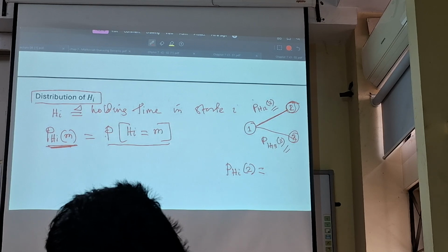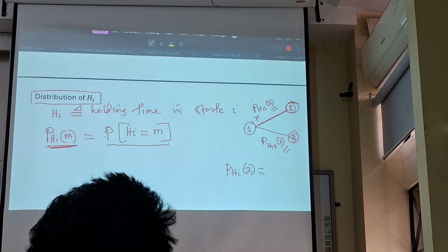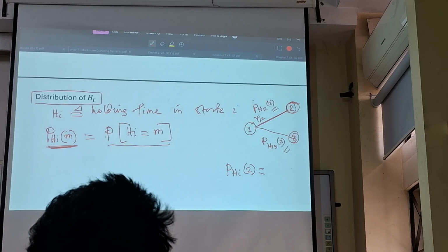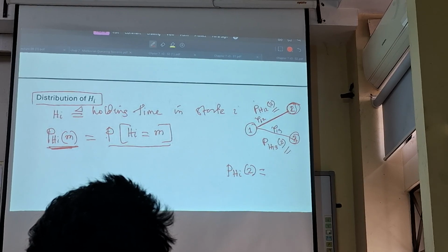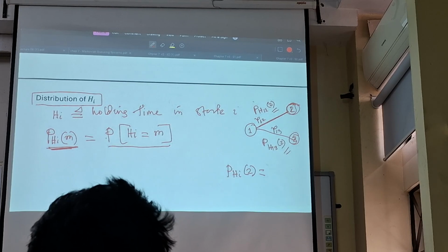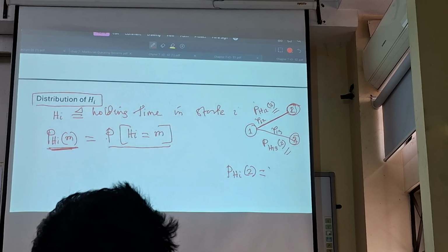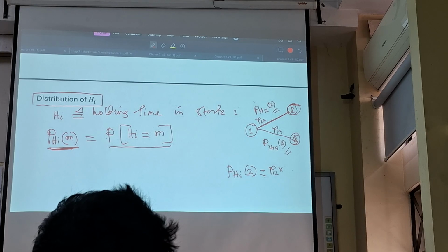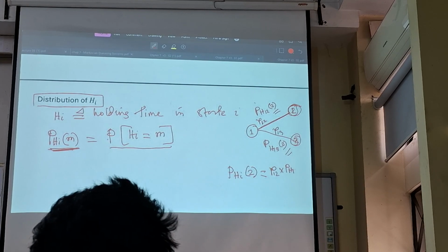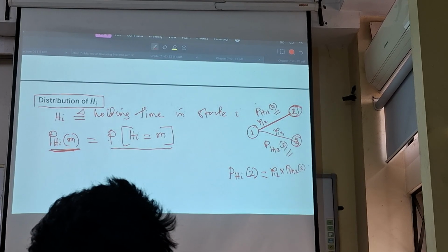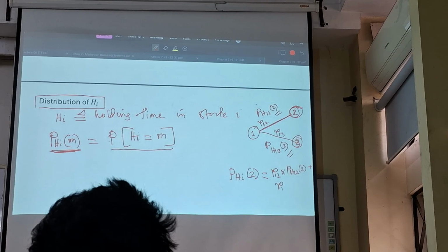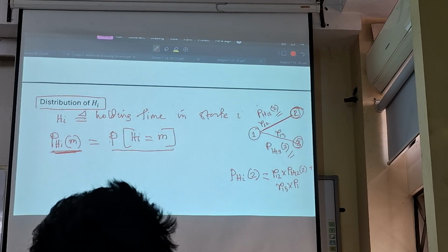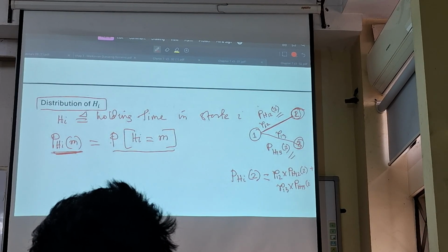What is the probability that it moves from 1 to 2? What is the probability that it moves from 1 to 3? And by applying what rule? It will be P_12 times the probability that H_12 equals m, plus P_13 times the probability that H_13 equals m.